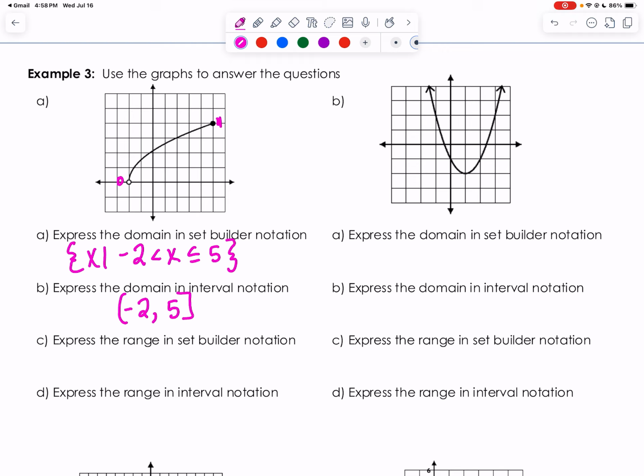So our range in set builder notation would be the set of all y's such that 0 is less than y, which is less than or equal to 4. In interval notation, we'll put our small number 0 and then our largest number 4. The 4 is included, so it gets a bracket, and the 0 is not, so it gets a parenthesis.